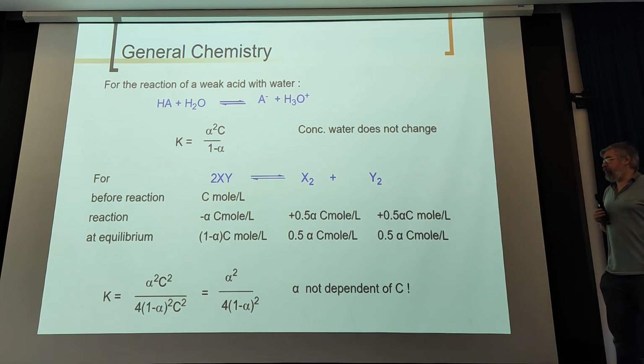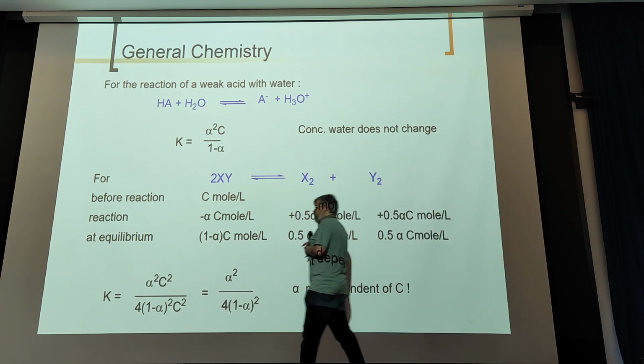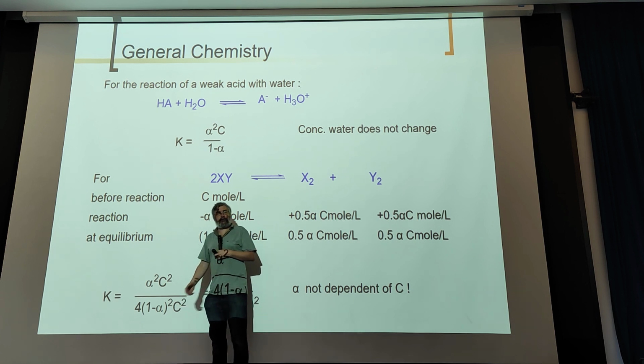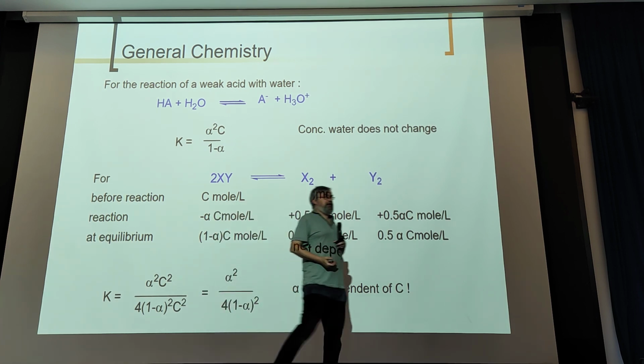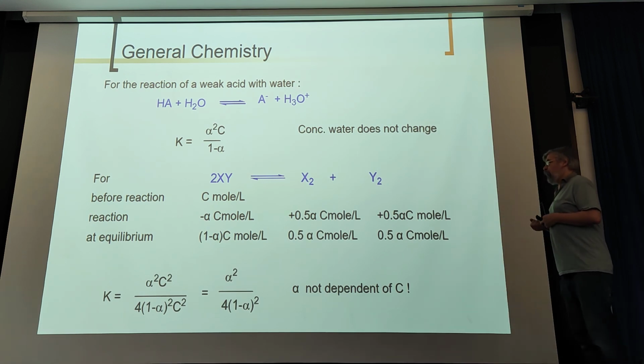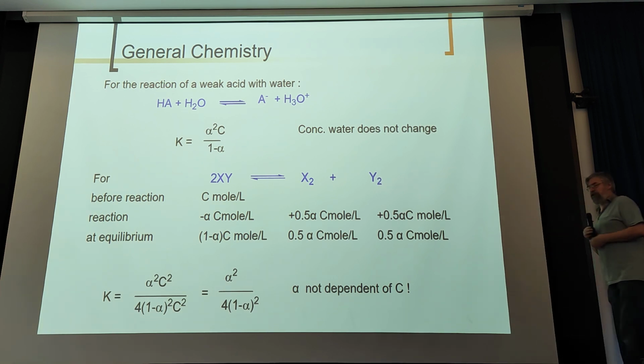So we can put everything here. As you can see now, the concentration terms cancel each other. We have concentration square, so all of the terms that have concentration are dropping out. And what we now have is alpha square divided by 4 times 1 minus alpha square for the conversion. So in this case, we will not have a dependence on the initial concentration of XY.